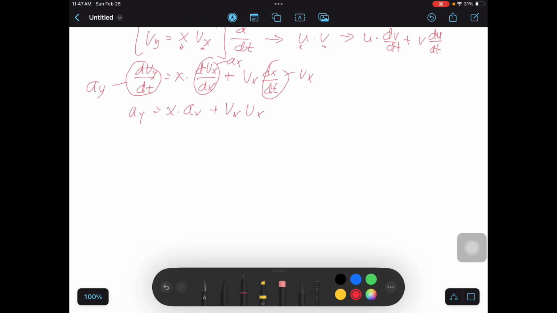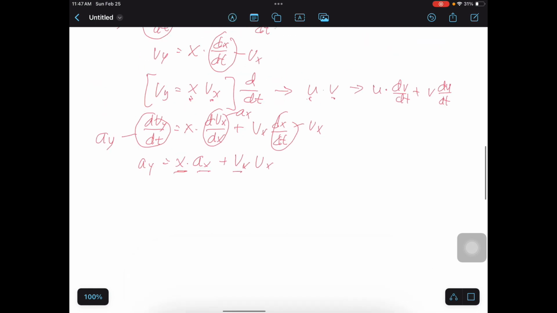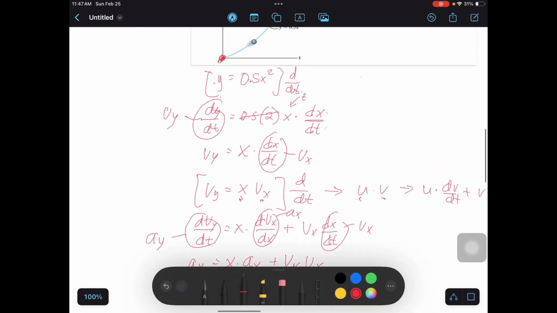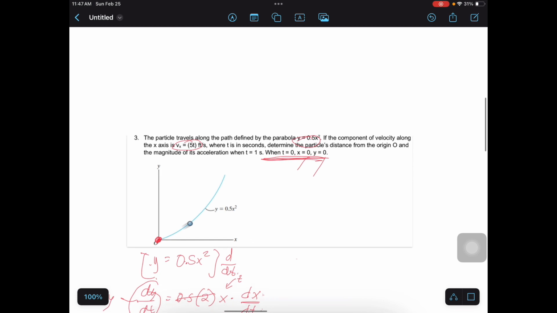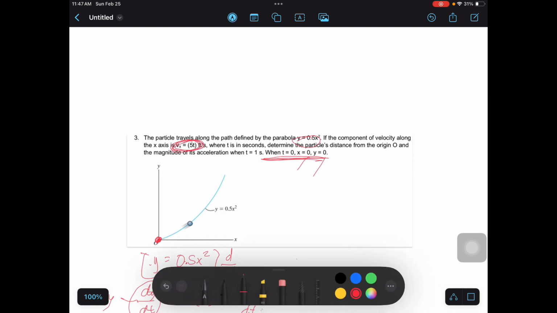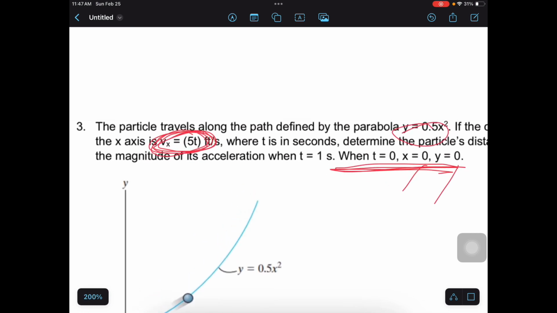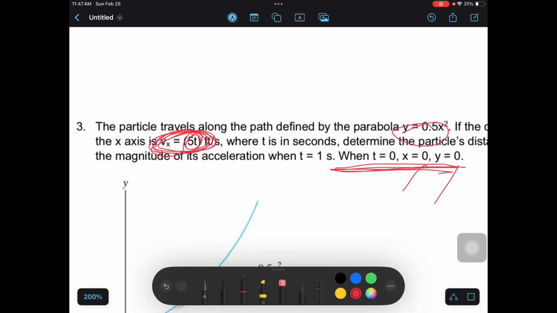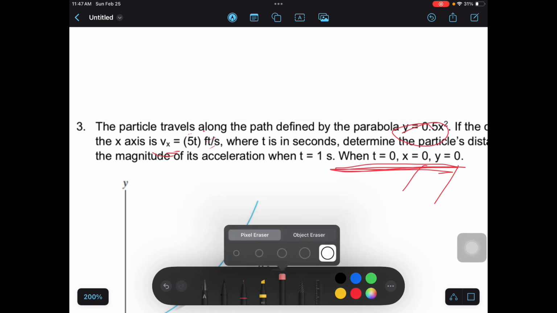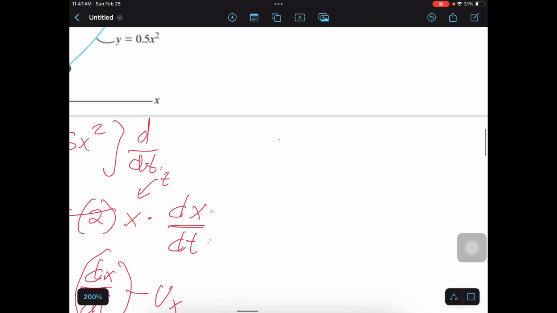Let's get the values of these: x, ax, and vx. So, three. How will we get those, so that our ay has a value? Like I said, just manipulate. We have a given function for vx, which is 5t. So, just manipulate this equation and you will get everything you need. So, let's do that, 5t.